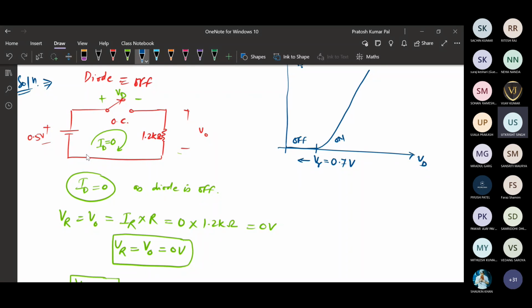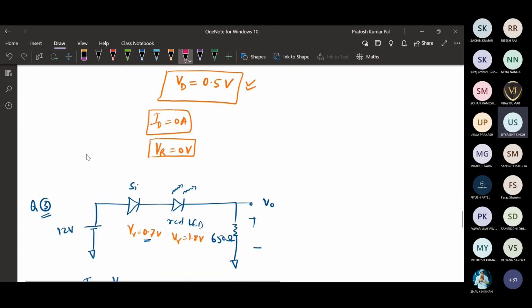But if it is on mode, the current will not be equal to 0. The ID current is not equal to 0 when it is on mode. But if it is applied with some positive voltage but it is in off mode, the current flowing is 0. So even if we have applied a positive voltage, it will be considered to be in off mode. In case of on mode, the current flowing through it should be non-zero.